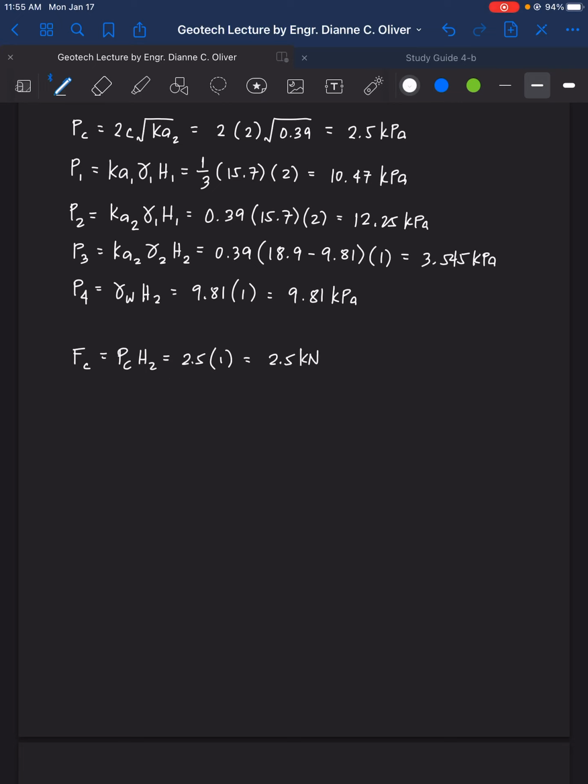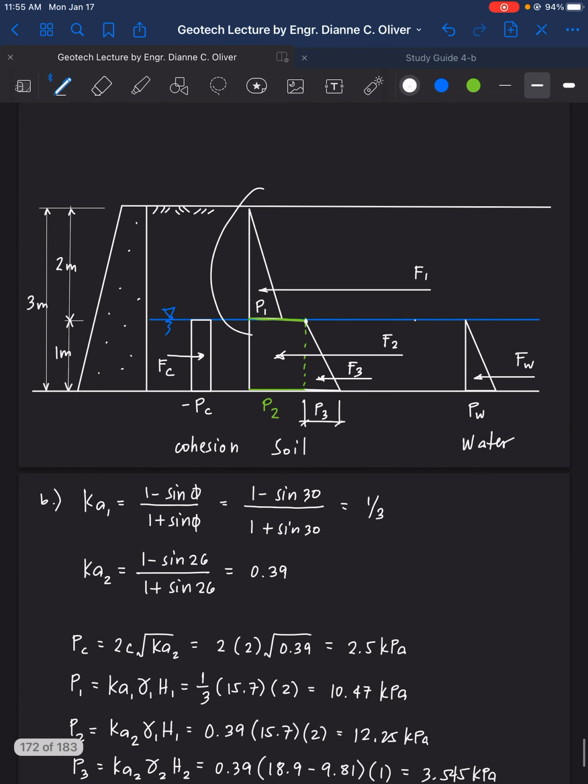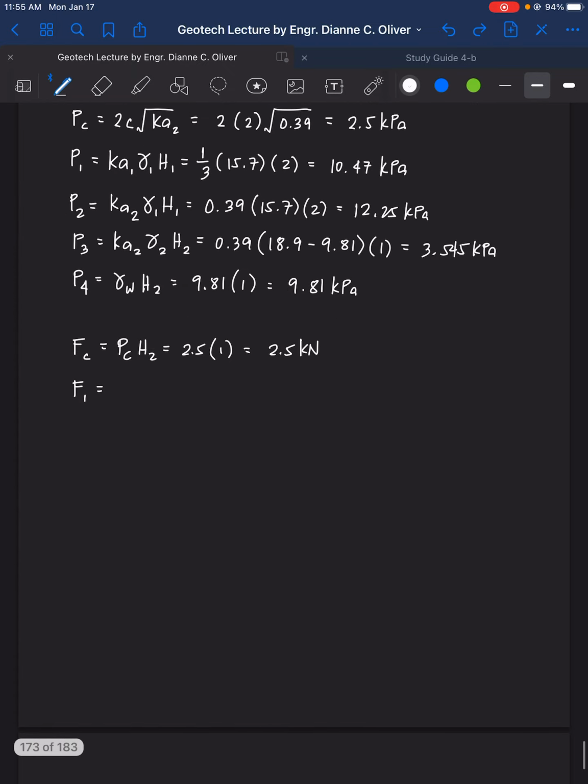kilonewton. Then F1 is uniformly varying, and it's a triangle. So we have there 1/2 P1 H1. So 1/2, P1 is 10.47, H1 is 2.